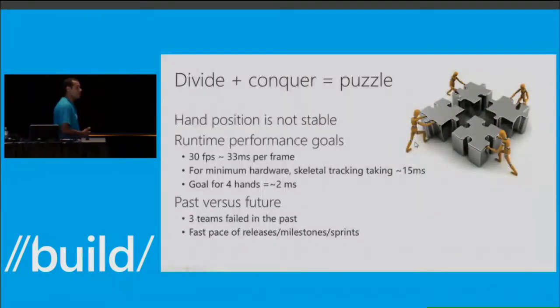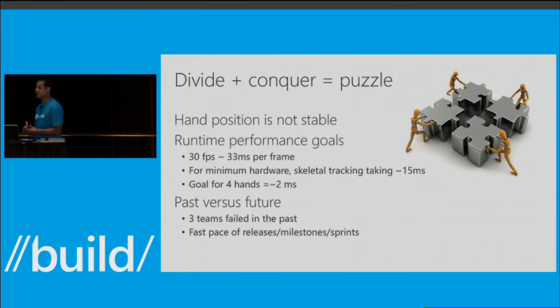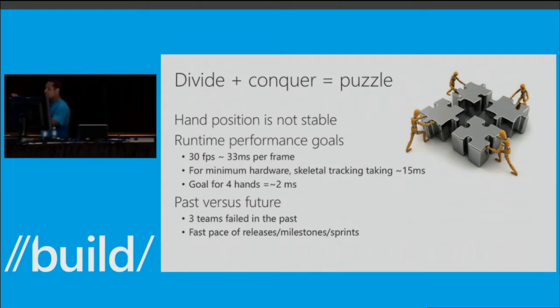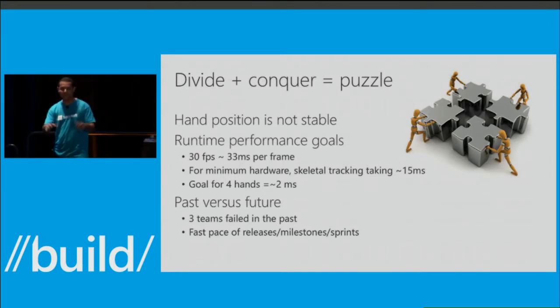So the problem with the divide and conquer approach of software development is that a lot of teams make these block diagrams, they divide, they conquer, and in the end, they have a puzzle to assemble.